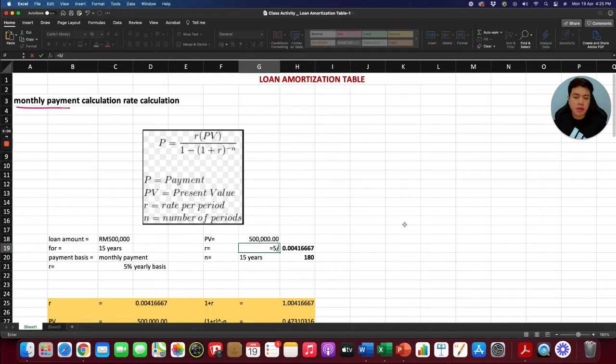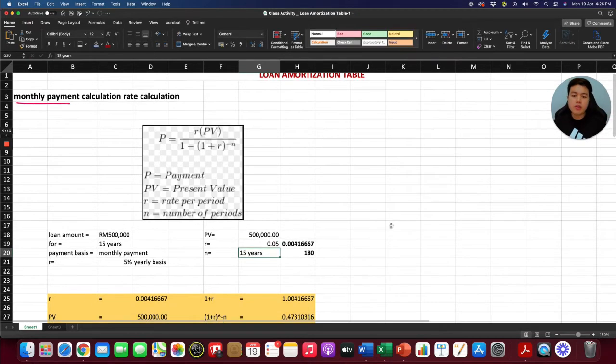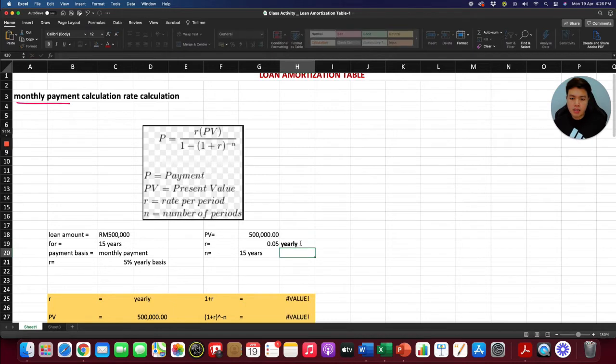Remember class, when you perform a mathematical equation, you start with an equal sign: equals 5 divided by 100. There you go, you get 0.05. But this R is for 1 year, so this is yearly.